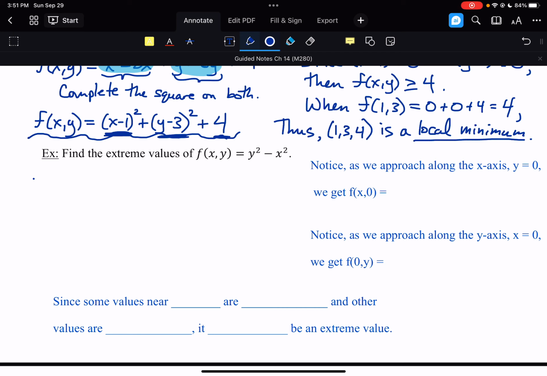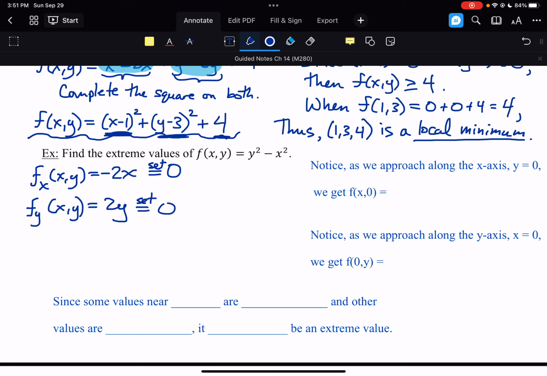If we go ahead and take the partial derivatives of this, fx is negative 2x, fy is 2y, and we set both of them equal to 0. There's only one outcome of this, right? So our only critical point is (0, 0). It's the origin.